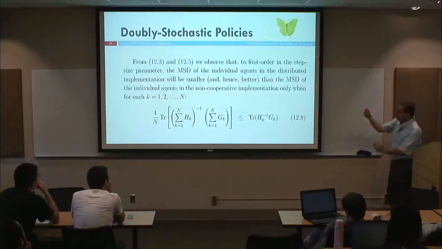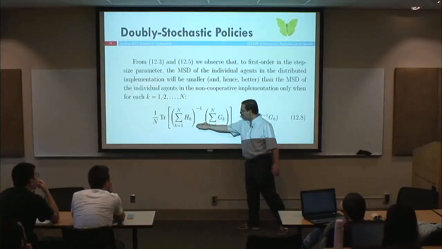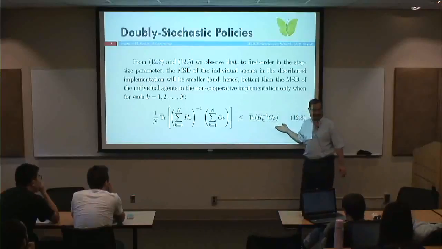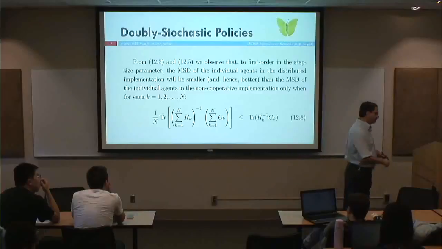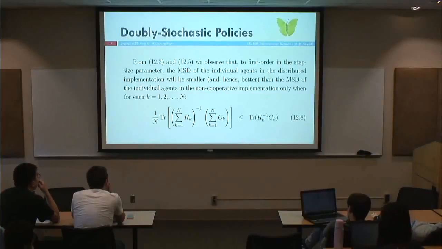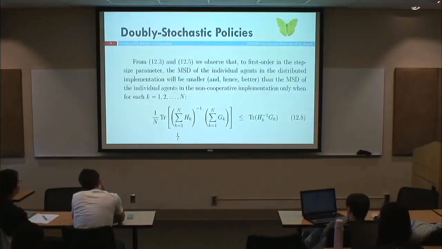So I'm now focusing on the individual agent performance. When is this smaller than that? In general, it's not. I gave you examples. In some cases, for example, when this is uniform, what do you get here? You will get 1 over n H inverse. What do you get here?